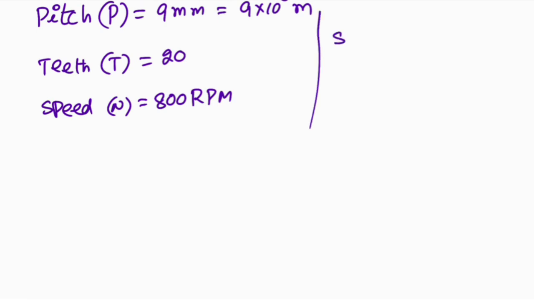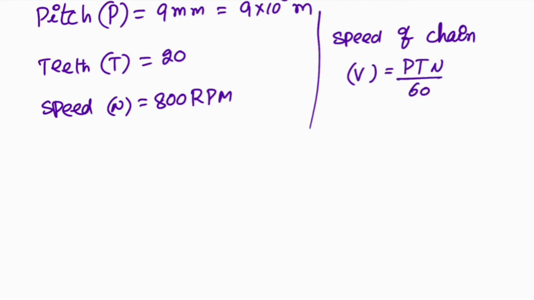The speed of the chain V equal to PTn by 60. This is the formula for the chain drive. P is 9 into 10 raised to minus 3, T is 20, multiplied by 800 divided by 60.